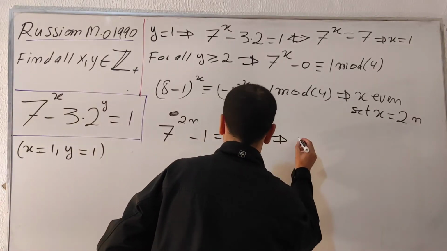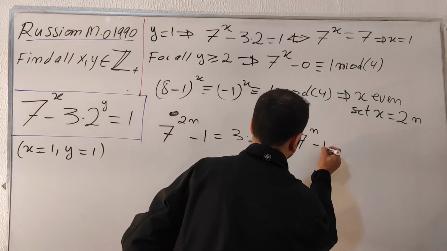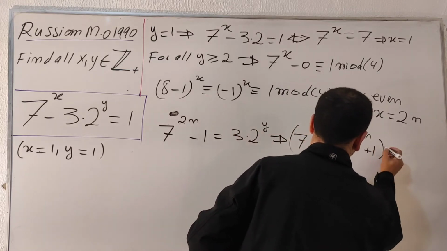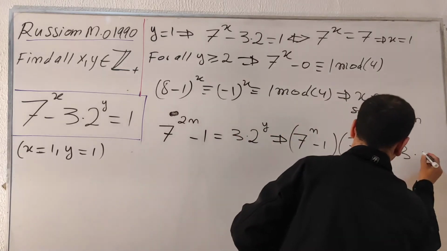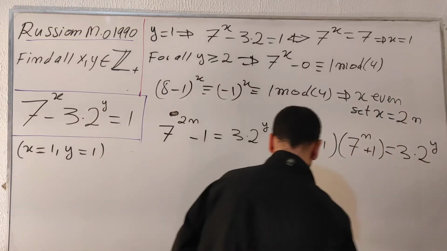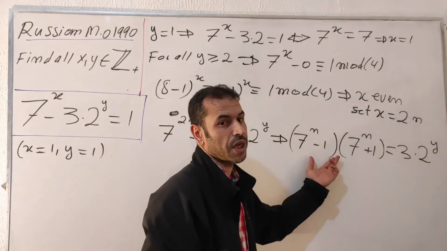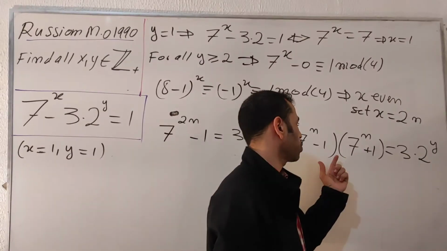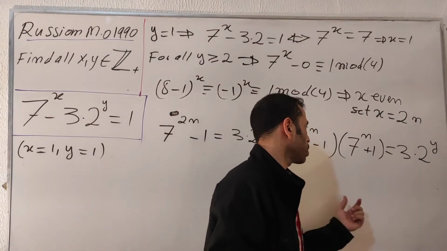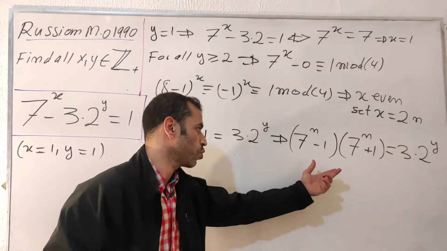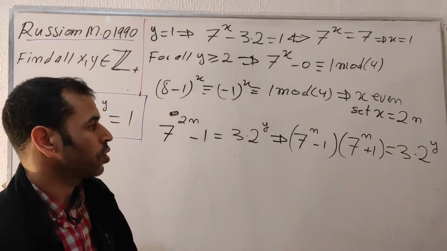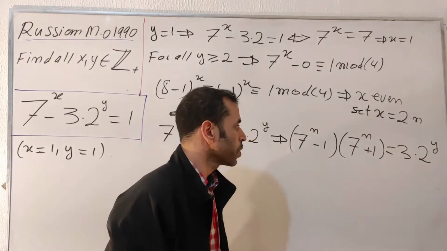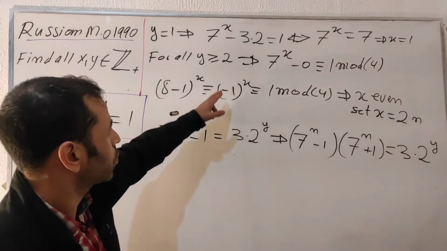I get 7 to the n minus 1 times 7 to the n plus 1, which equals 3 multiplied by 2 to the y. At this point we cannot say anything about these factors, because both are even, so we don't know the status of each one. We need to work out more in order to determine the value of each.